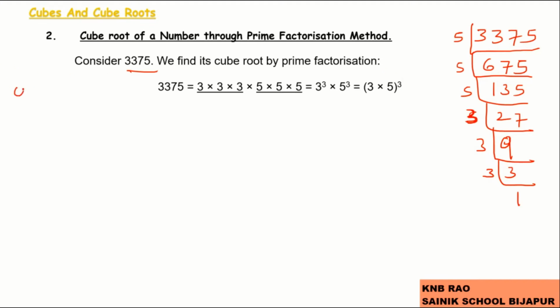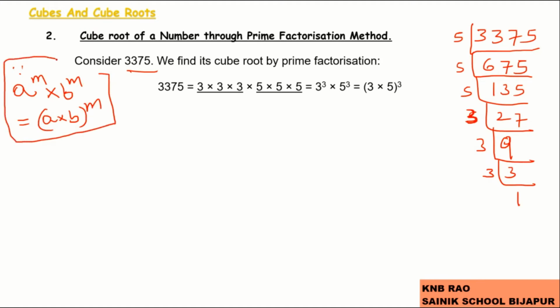Hope you remember a raised to the power m into b raised to the power m is a into b whole raised to the power m. This is one more law of exponents which you have learnt in class 7th standard.